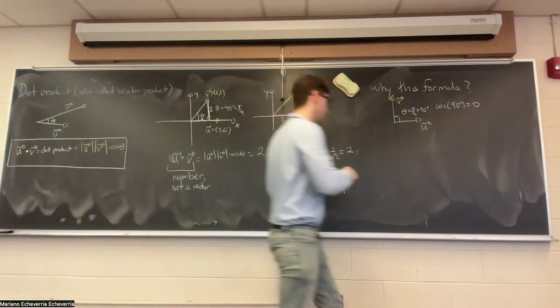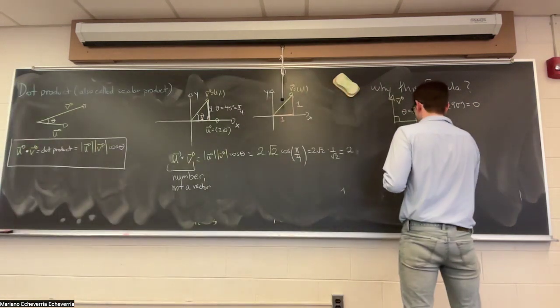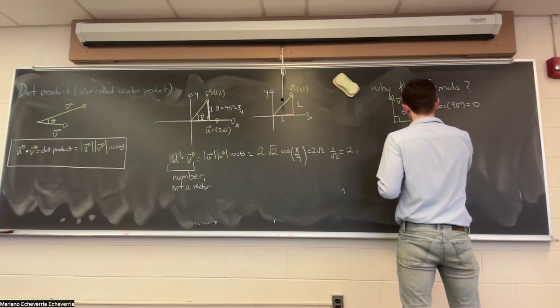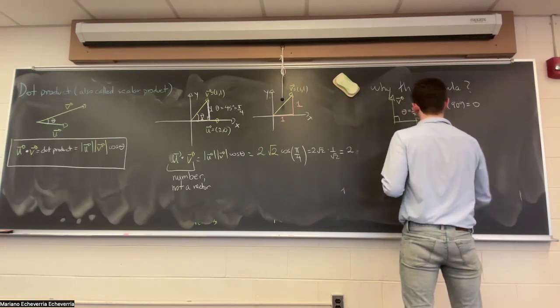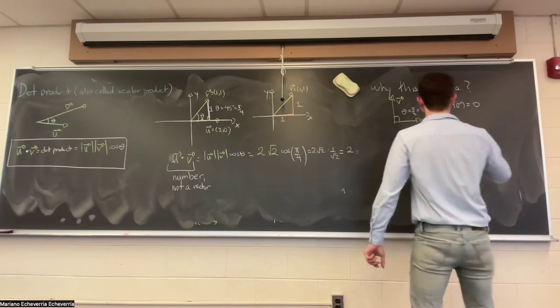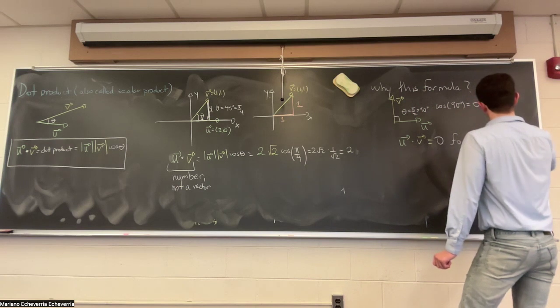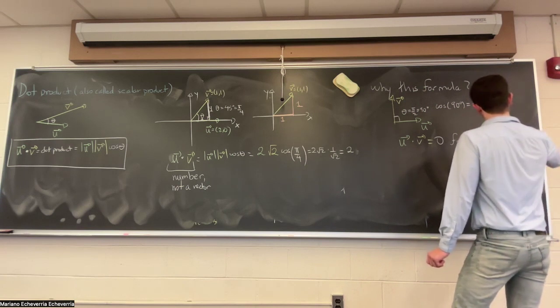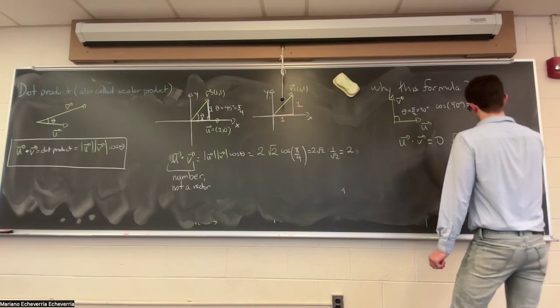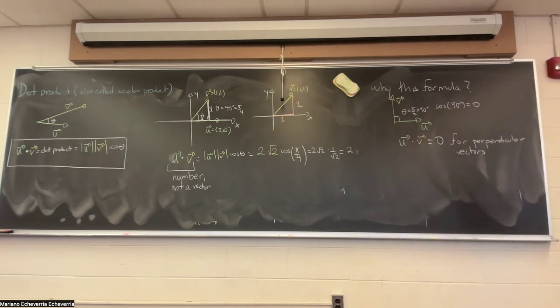So that's kind of the main reason why you care about the dot product. So this dot product is 0 for perpendicular vectors. In fact, it's kind of annoying because there's a lot of names for the same things.